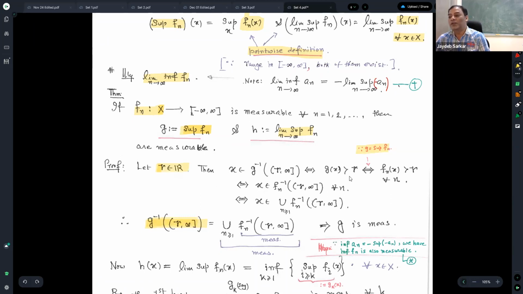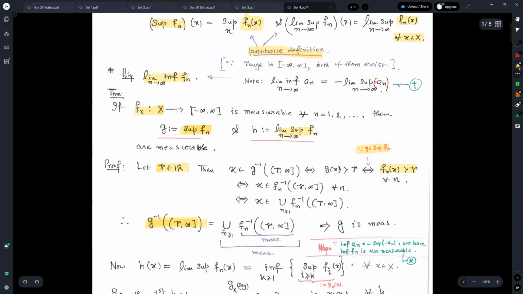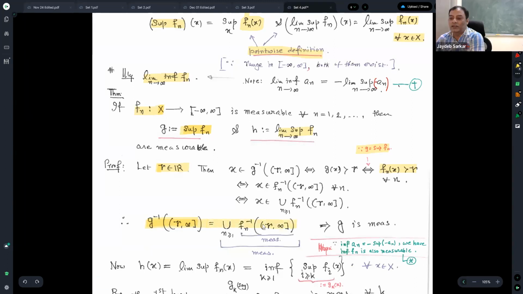So if sup of Fn(x) is larger than R, then some Fn(x) will be larger than R for some n. That tells you, turning around, that x is in Fn inverse of (R, infinity] for some n, and that tells you x is in the union of Fn inverse (R, infinity]. So this becomes a set equality, okay?